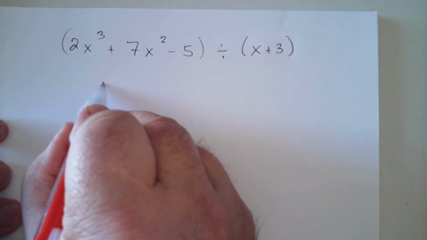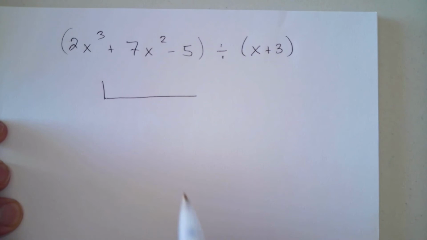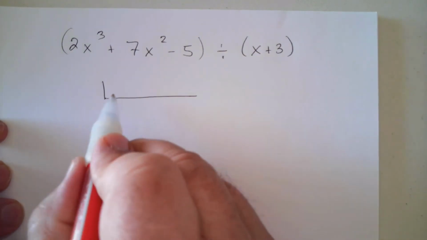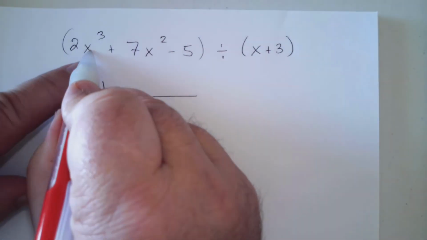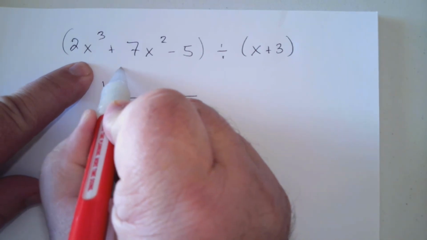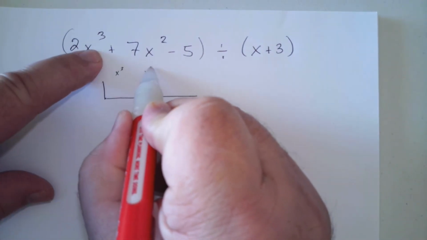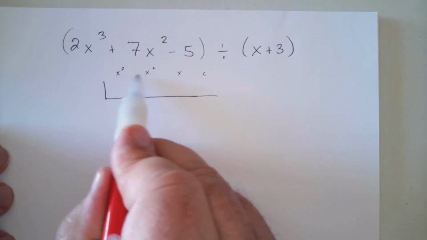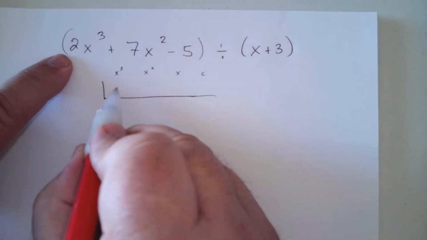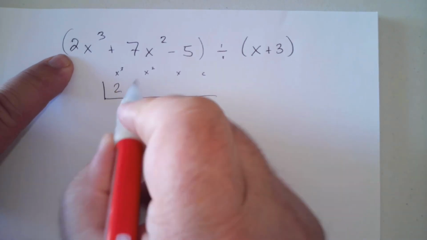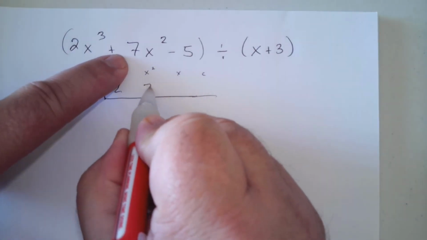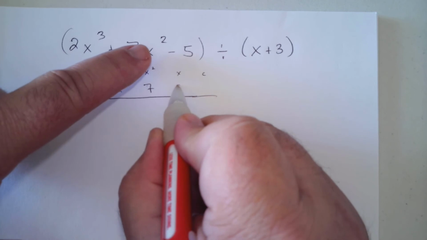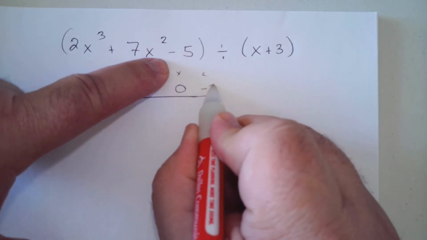So we're using synthetic division. So inside here, remember we have x cubed, x squared, x, and a constant. You have to go all the way down. So the coefficient of this one is 2. The coefficient is +7. There's no x, and there's a -5.